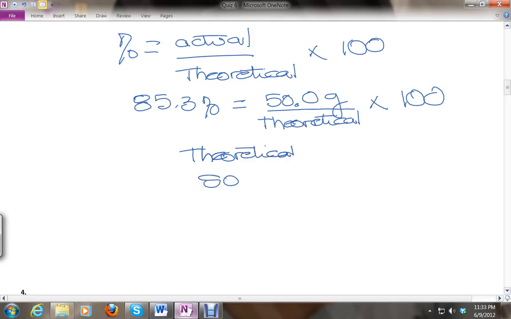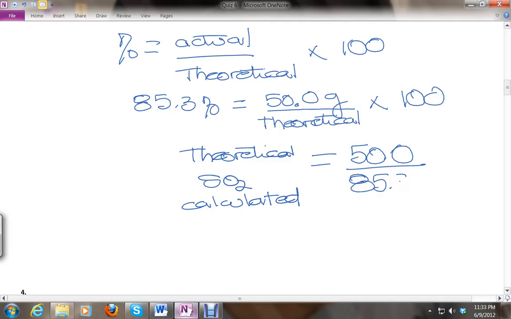So it would be the SO2 calculated. Suppose theoretical, that's the word, theoretical: 50.0 divided by 85.3, multiplied by 100. And by the way, this is divided by 0.853.